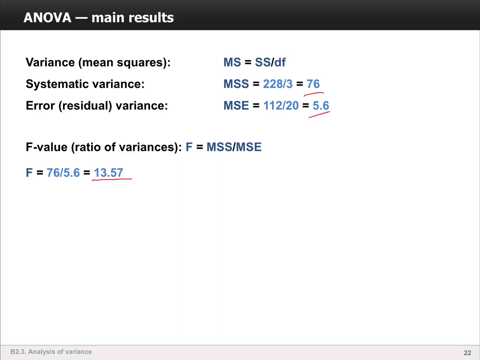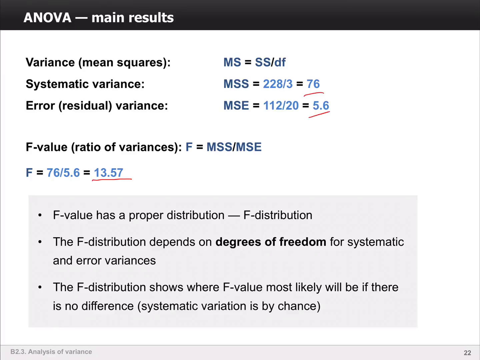Well, we need a distribution. Like average values of samples or variance of samples, they all have their own distribution, a sampling distribution of this statistic. We have a distribution for the F value. The distribution sometimes is also called the Fisher distribution. It depends on degrees of freedom for systematic and error variance.